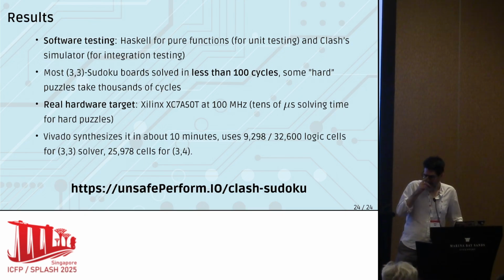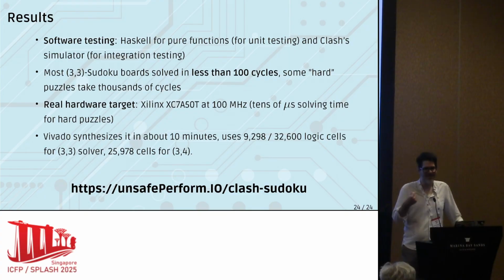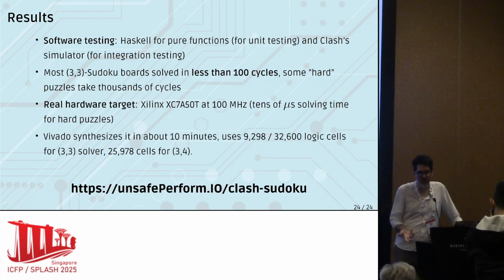Now, of course, the scaling in terms of size is not so good because the whole point of this exercise is to use all the FPGA we can. So we do all this propagation. Every single cycle, we propagate all immediate constraints because we have the structure that connects everything to everything. So for the 3-4 Sudoku problem, the logic cell usage shoots up to 25,000.